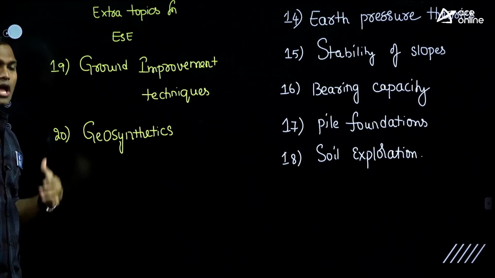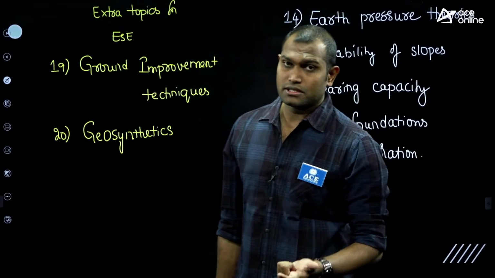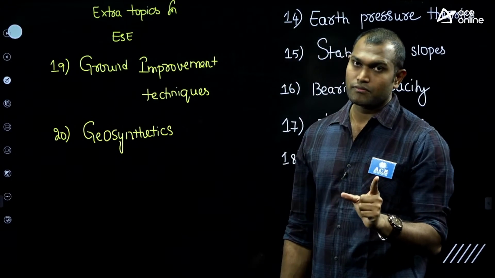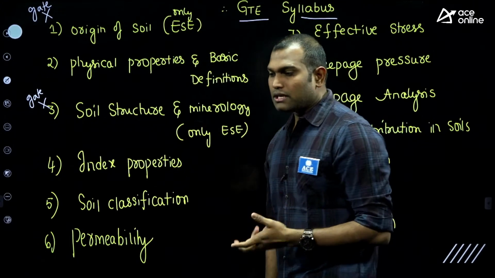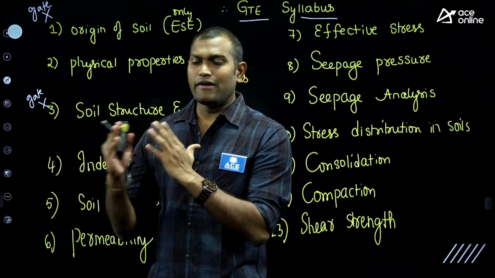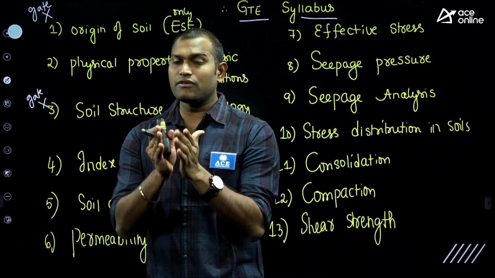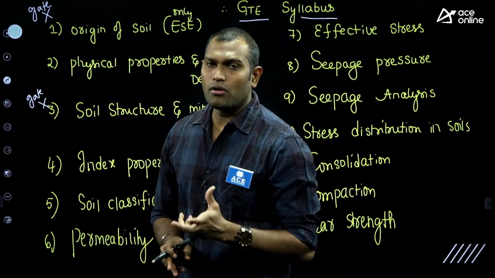Now, out of all the subjects, from the GATE point of view, which subjects do you need to give preference? If you see the pattern of the previous years' GATE questions, for every chapter we have provided a sequential order of the previous GATE questions, and from that, the topics with more weightage.